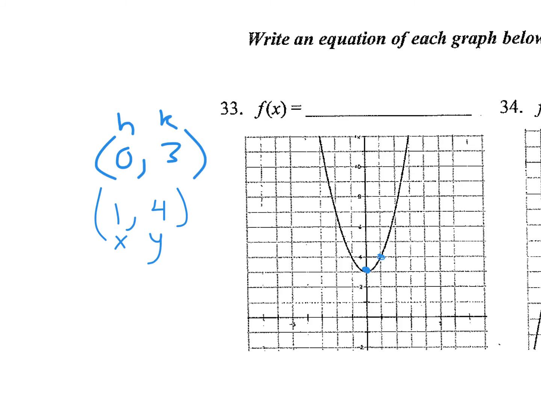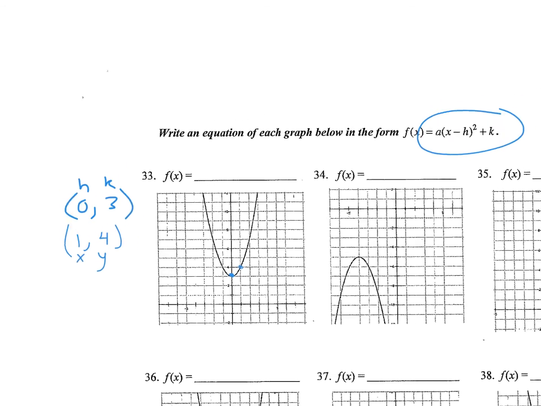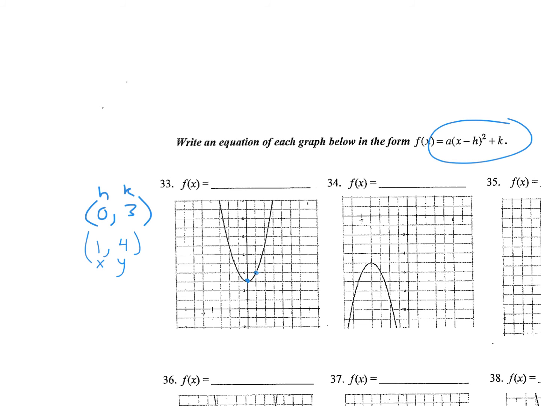I'm going to plug h, k, x, and y into my equation up here to solve for a. So f of x is just a fancy way of saying y, so I'm going to plug y in there. 4 is equal to a times x, so 1 minus h is 0, squared plus k, which is 3. And I just solve for a.